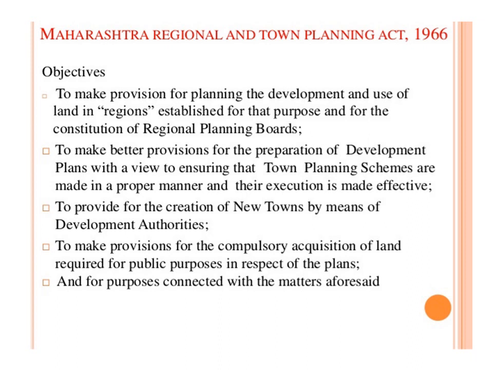Similarly, to make better provision for the preparation of development plan with a view to ensure that town planning schemes are made in proper manner and their execution is made effective. To provide for the creation of new towns by means of development authorities. Also, to make provision for the compulsory acquisition of land required for public purposes in respect of the plans and for purposes connected with the matters of procedure.